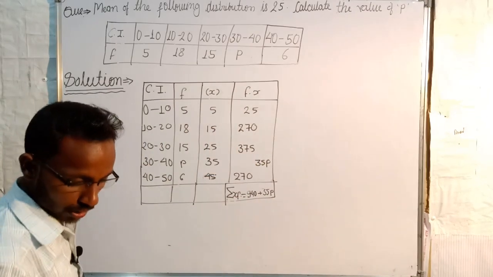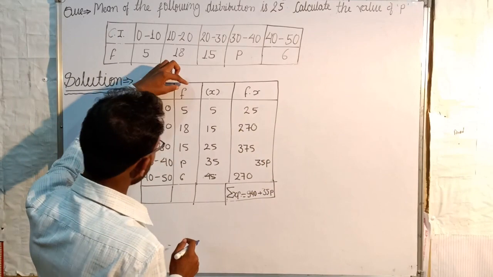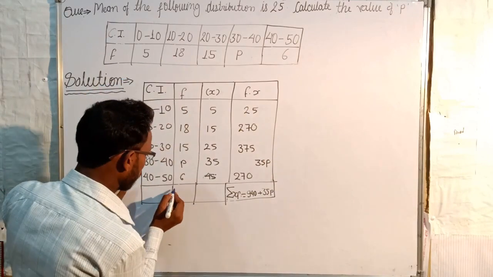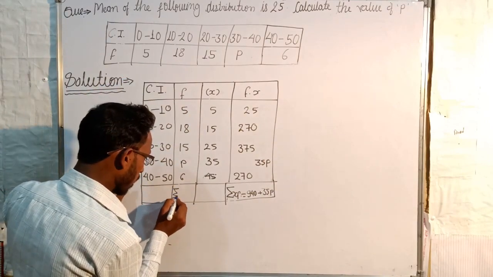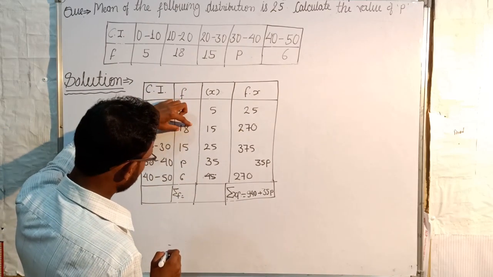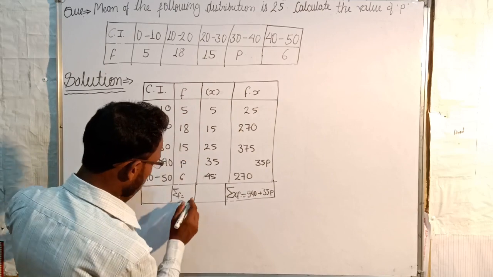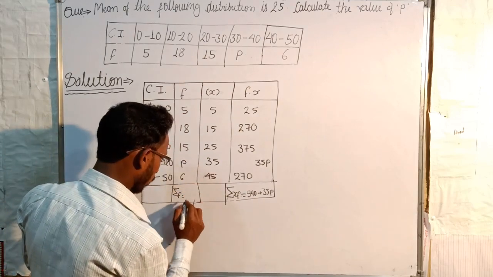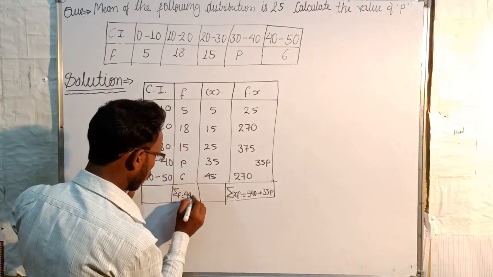Now you will have to add all the frequencies, that means sigma f. If you add 5, 18, 15 and 6, you get 44, plus the variable term p.